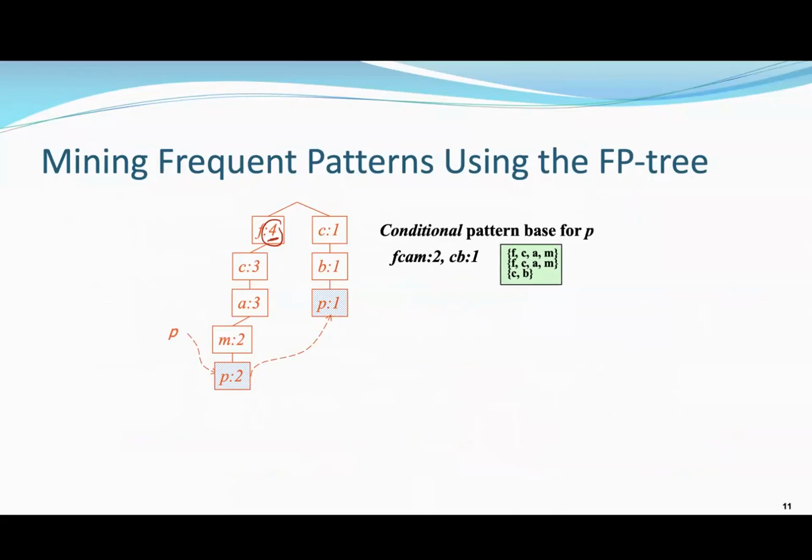So after this path has been extracted, we have to do some fixing of the information there. In particular, we have to fix the counts, all right. So how do we fix the counts? Well, we start at the bottoms of the paths. We have a P2 here with a P1 there. We propagate this count upwards in the tree.